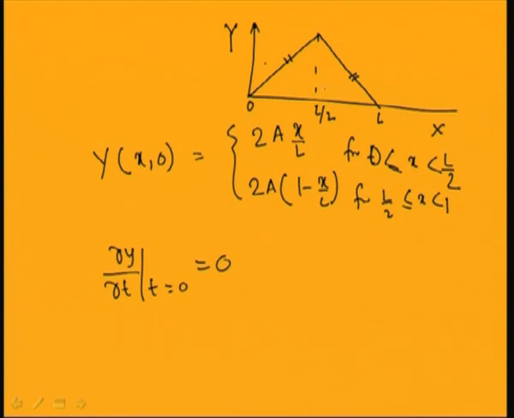So, to start with, you take the general expression for the string vibration, that is y(x,t) equal to phi(x) into q(t). So, summation of n equal to 1 to infinity. You just take it in the same way.